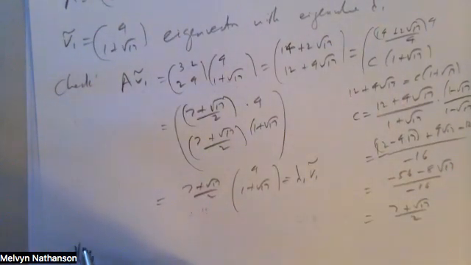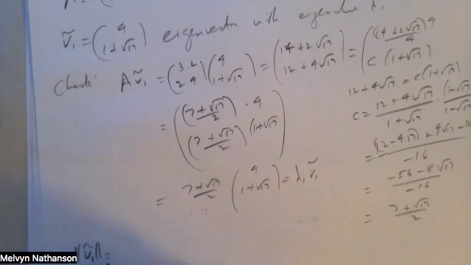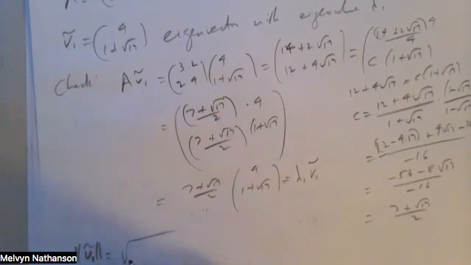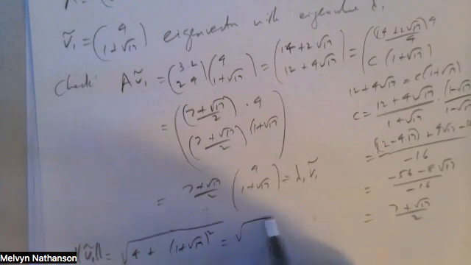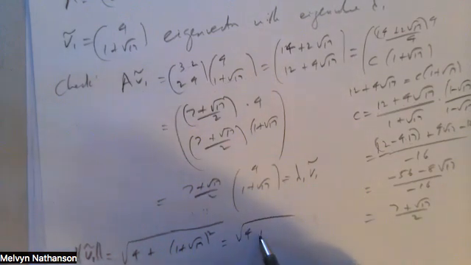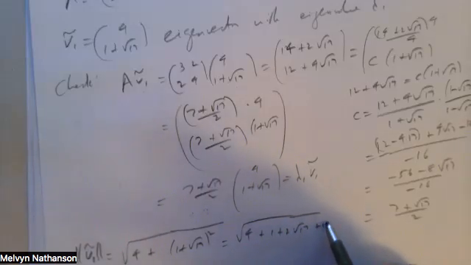Now, what is the length of v1 tilde? The length of a vector is the square root of the sum of the squares of the coordinates. So that's the square root of 4 plus 1 plus root 17 squared. That's the square root of 4 plus 1 plus 2 root 17 plus 17.